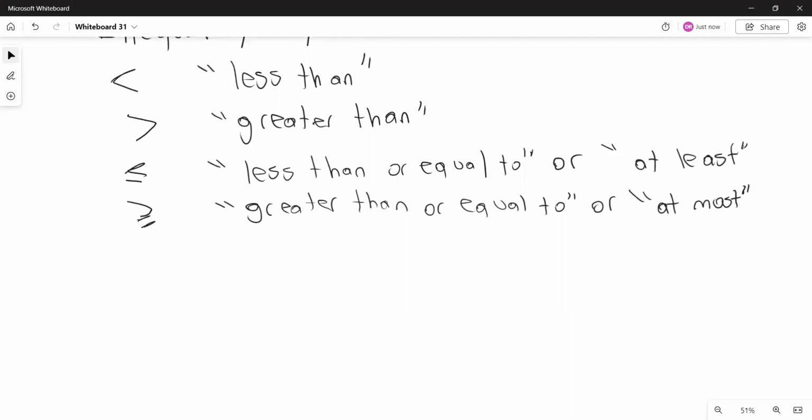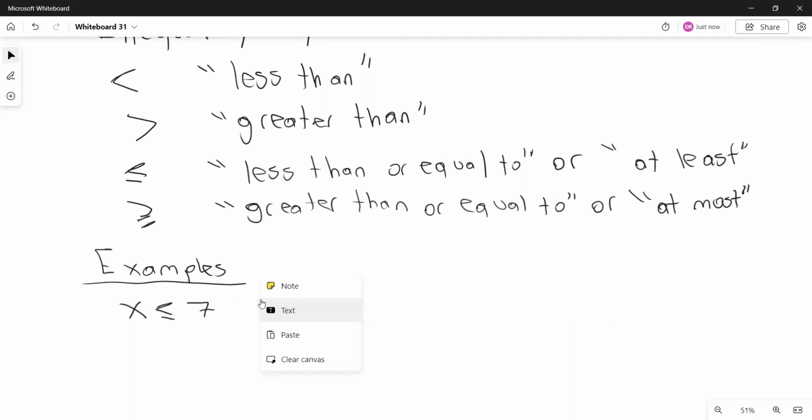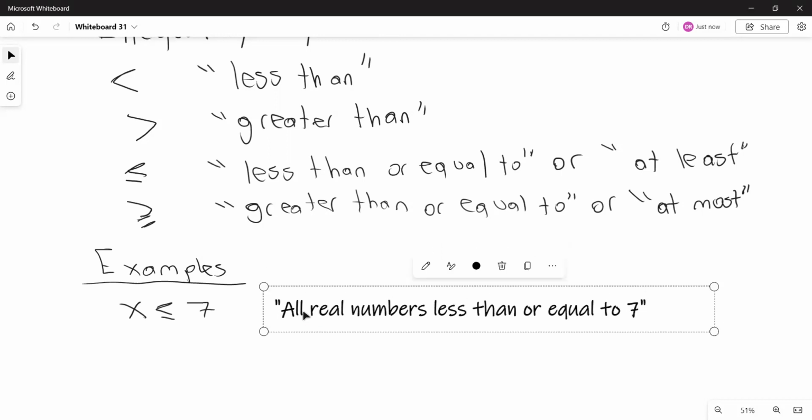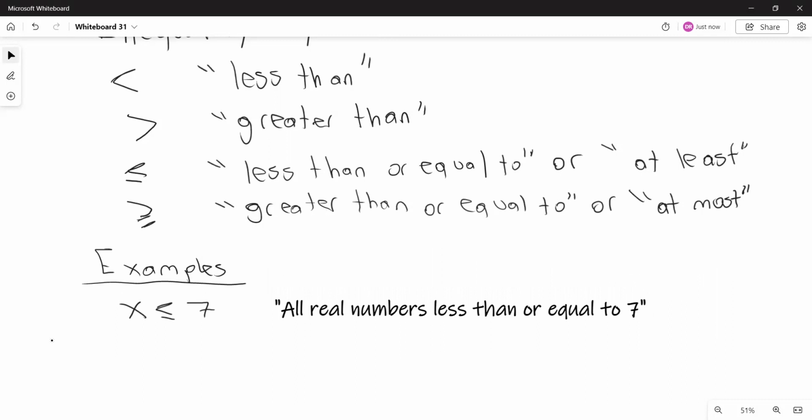So something like x less than or equal to 7. This reads all real numbers less than or equal to 7. Or -1 less than x less than or equal to 4.